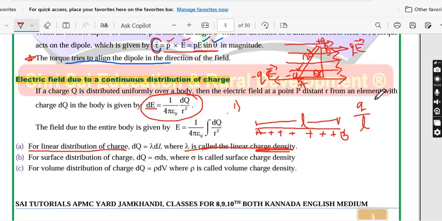Now consider a small element of length. I have told you that in any linear distribution, or surface area, or any volume, we need to consider a small distribution of charge for a small length. Let us consider a small length dl.